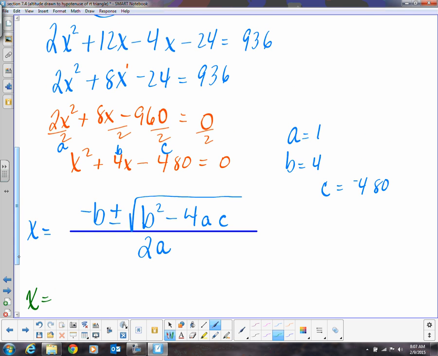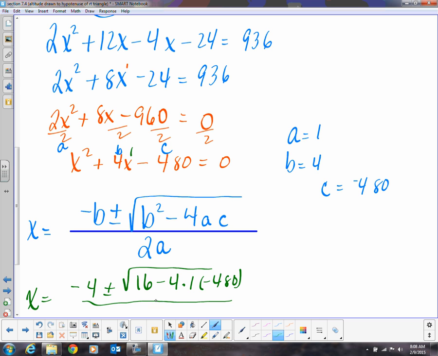Okay, so when you have a square and an x to the first, you always have to do this. Opposite of 4 plus or minus, what's 4 squared? 16 minus 4 times a times negative 480 all over 2 times 1. So this is going to be negative 4 plus or minus the square root of 16.